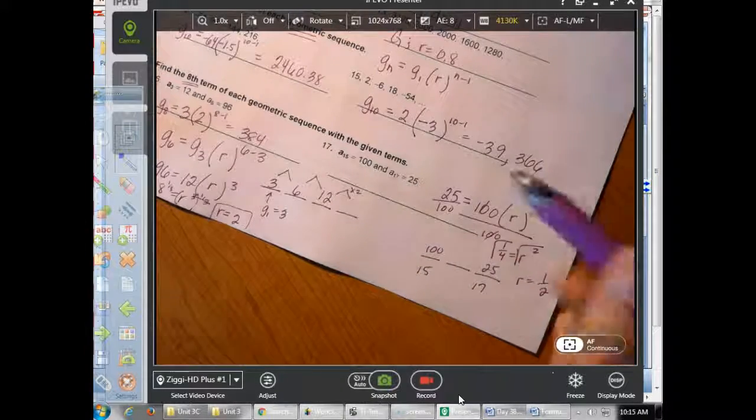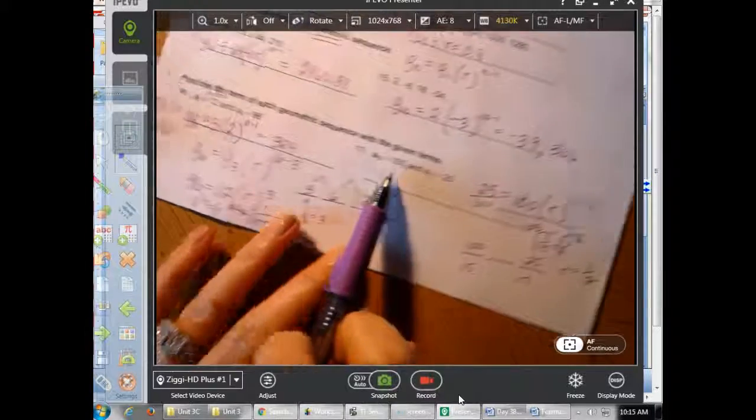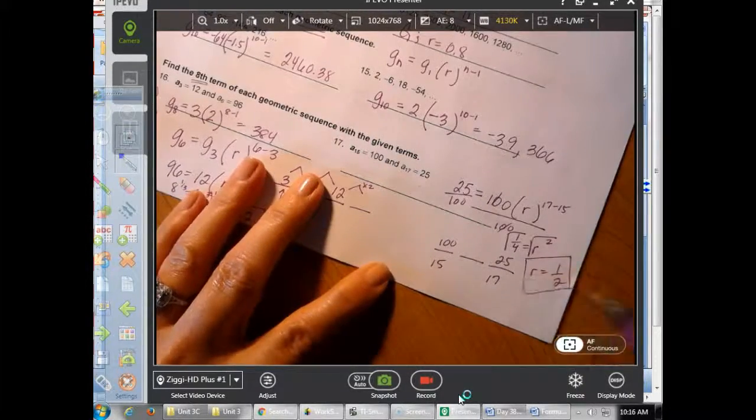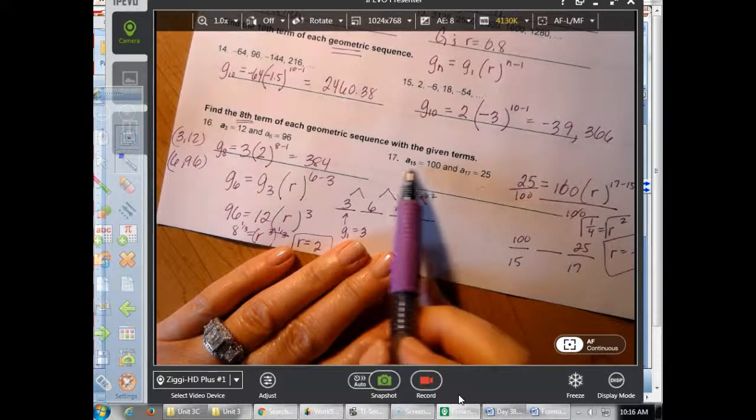Okay, but I still need the first term, and this value 15 is so far from the first spot, I'm going to need to use the formula for this. Since I know R is 1/2, I can pick either one of these two pairs.